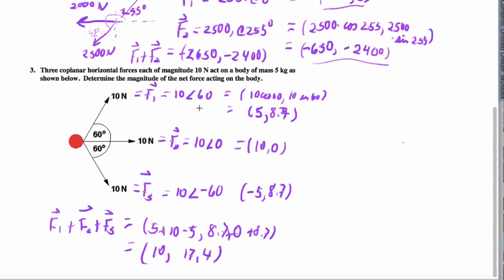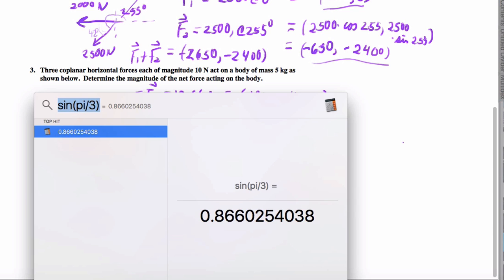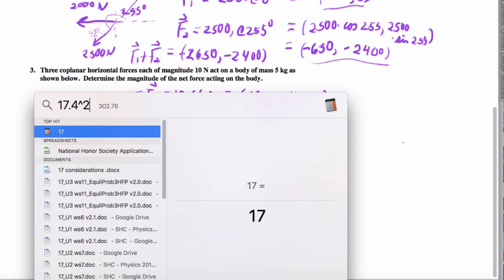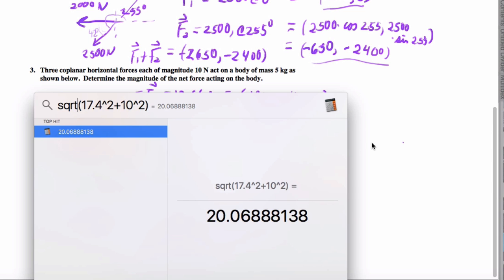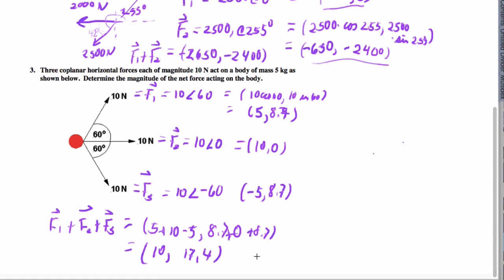And it says we just want the magnitude of that force, that's just the size. So that's going to be 17.4 squared plus 10 squared. We're going to square root that, and that's going to give me 20 newtons when I work that out, because that's 10 squared plus 17.4 squared, all under square root.